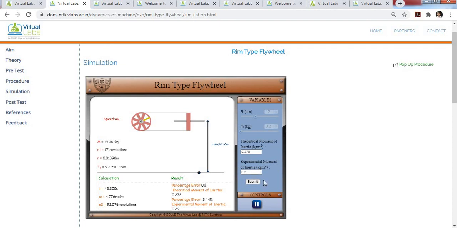You have to check whether the answer is correct or not. You can see the result for the theoretical and experimental moment of inertia. Suppose the value is wrong, a percentage error comes. You can redo the calculation, correct the value and submit it.